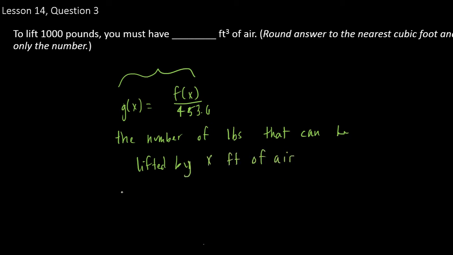Perfect. And the question says, to lift 1,000 pounds, you must have blank feet of air. Okay, so I know I have 1,000 pounds, and I want to solve for the feet of air. So think about what you're going to do with that 1,000 number, okay? When you have this simplified, I know you end up with some sort of fraction.